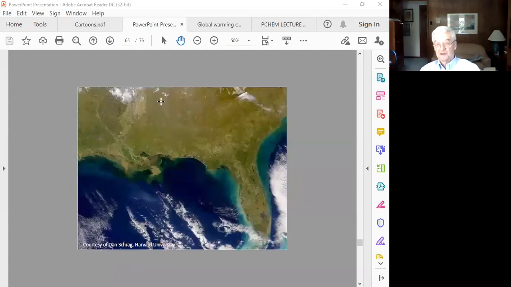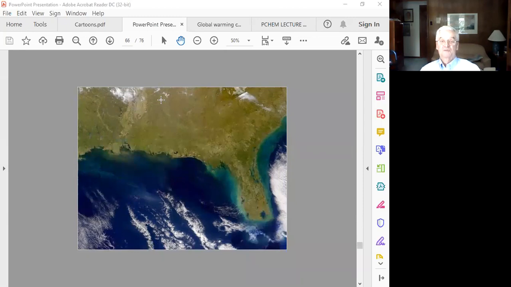In fact, these are the pictures. So these are from a fellow named Dan Schrag at Harvard. This is a picture of, not a current, but 2008 or whatever picture of the United States in its greenery and its coast. And here's the estimate.